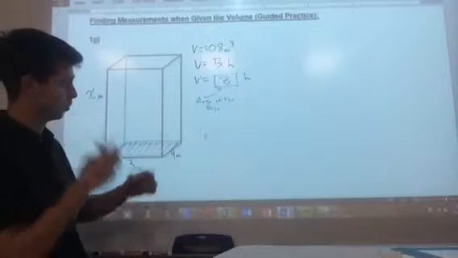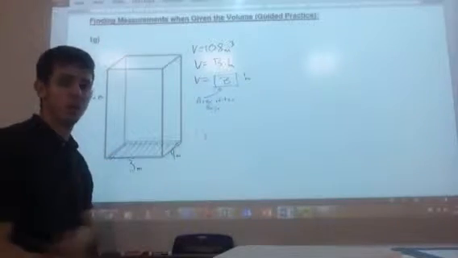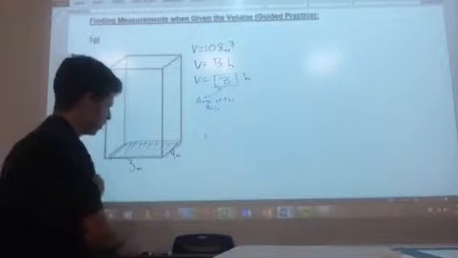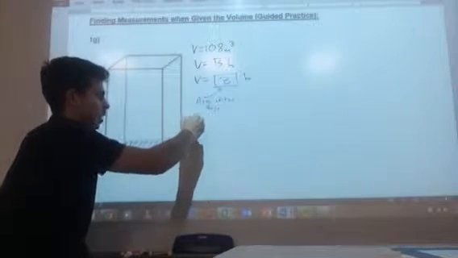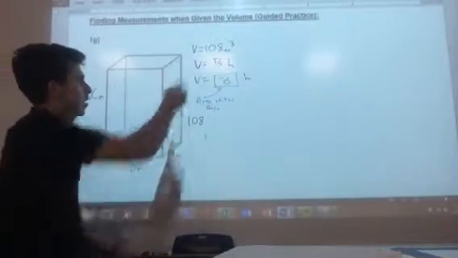What we can do is, we're only missing one thing. So if we substitute in what we know in this equation, we'll be able to solve for x. The volume is equal to 108. It's given to me right here.